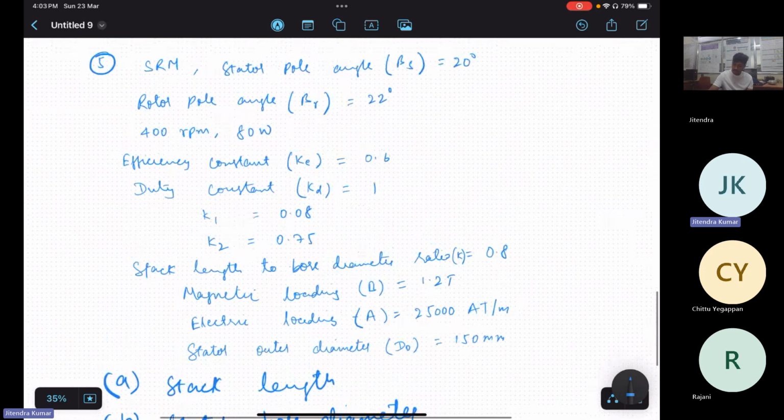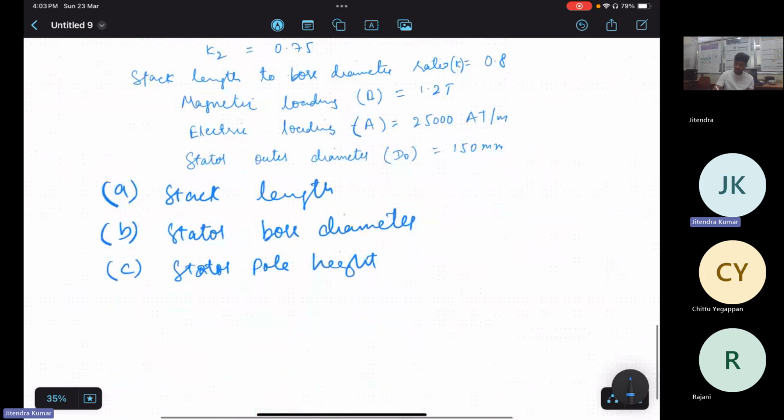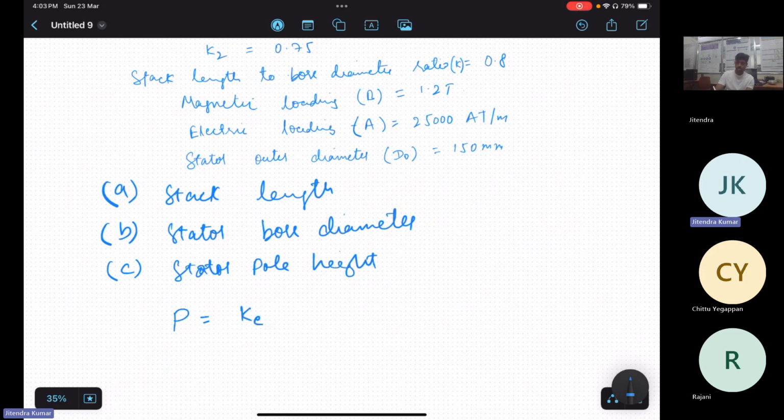First, please let me know the equation of that power, which is dependent on all the constants. Output power equals KE into KD into K1 into K2 into B into D square into electric loading A into L into rotor speed NR RPM.